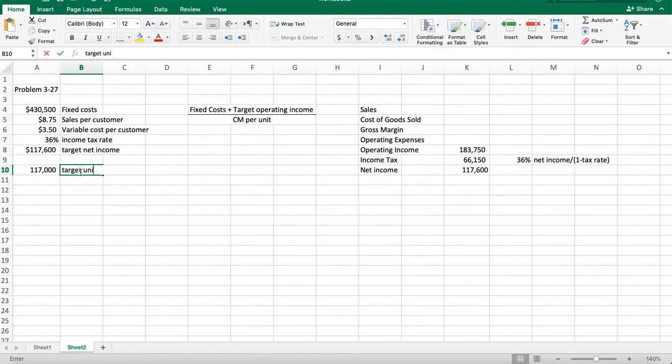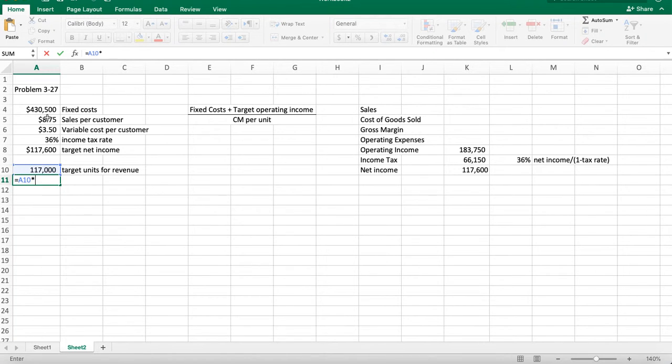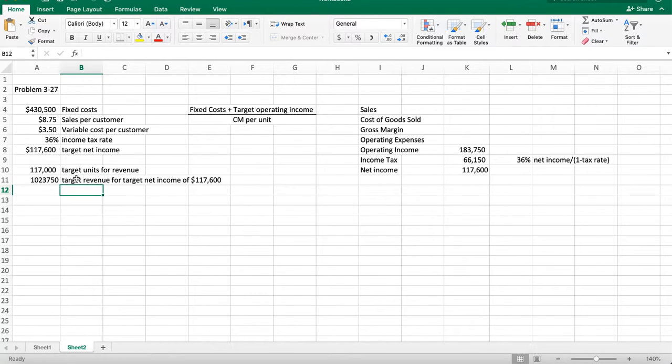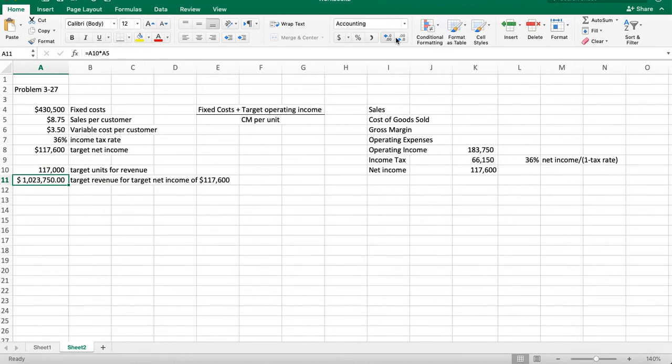That's target units for revenue. Sorry about that. Poor wording, or wrong wording. And then it says revenue needed. So then I would take my target units times my sales per customer, and that is going to be my target revenue for target net income of $117,600. And you can try this target revenue. You can go in and calculate all this and see if it gives you what you're looking for.